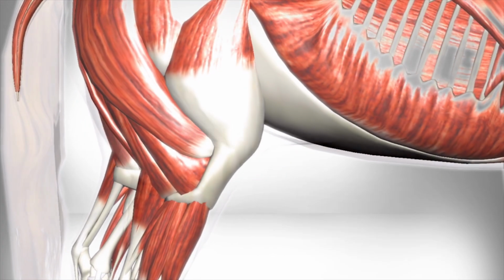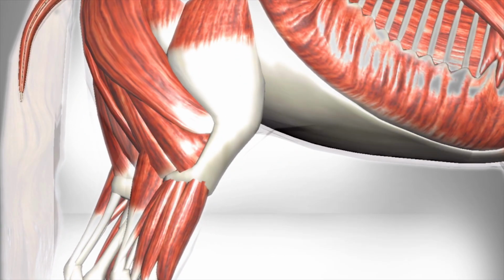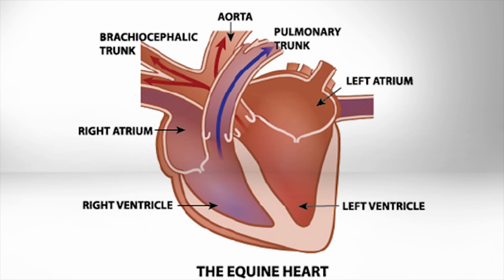Remember, muscle is an elastic tissue. So if I increase the volume, I stretch that muscle. The more I stretch it, when I let go, the more forceful that muscle will contract. And therefore the heart will contract more forcefully and pump out more blood. So it increases the amount of blood that goes from the atrium into the ventricle.